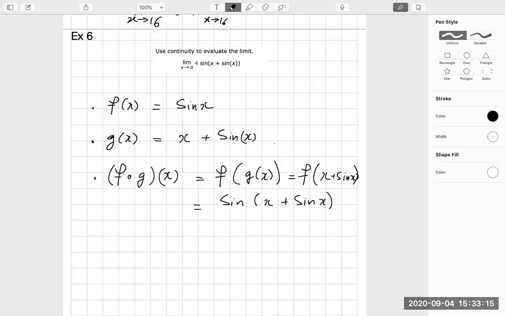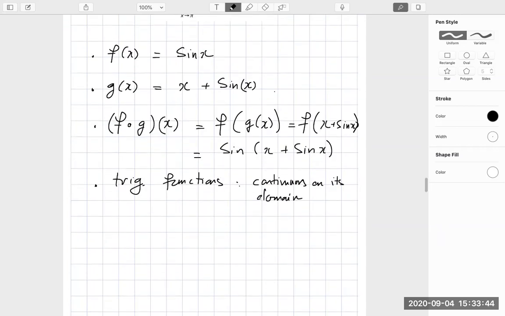Interesting. Now you see that the trig functions are continuous on their domains, right? Therefore, f and g are continuous on the whole real line.